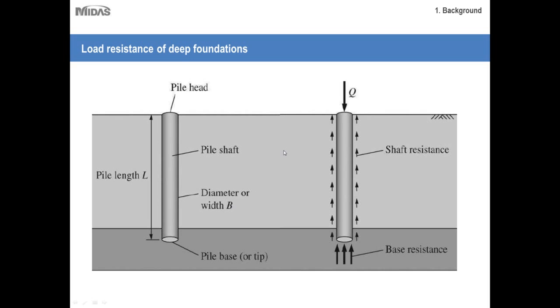When the load is applied on top of this pile, the entire structure is mobilized and resists the movement. The resistance is largely offered by the skin of the shaft, so we call it skin friction. Depending upon the stable strata you have, you can expect resistance from the base also, which is called end bearing resistance.